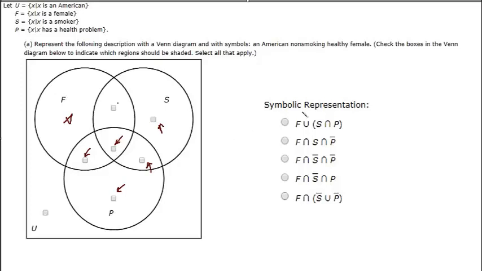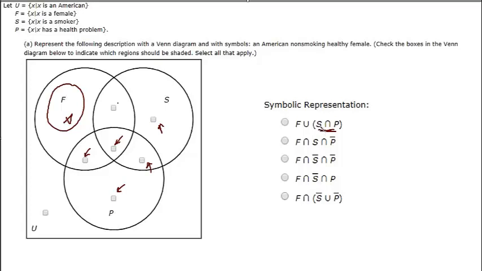Alright, so now we need to see, because this is the one that we were after, there's our American non-smoking healthy female. So let's look and see what we got. We've got, this is a female. None of these guys, well, okay, maybe so. Female. I need to go inside these parentheses first, so let me see.